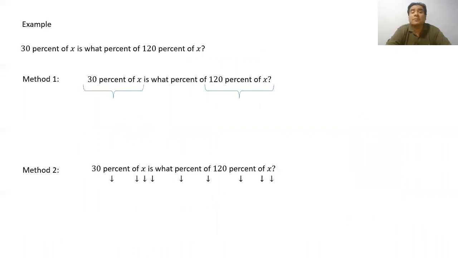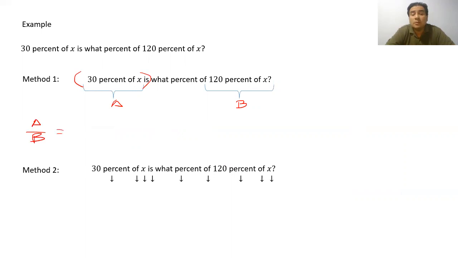Let's see an example here. 30% of x is what percent of 120% of x? Well, I can do it using the method of division and multiplication, which is to identify your quantity A, identify your quantity B, and then do the division.